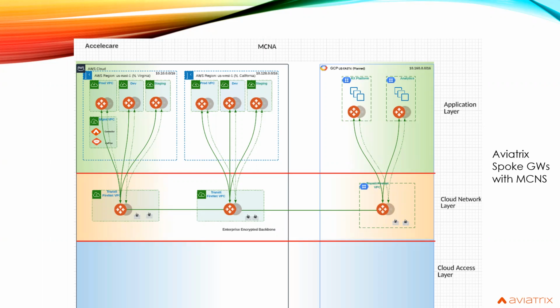So we can say that prod is allowed to talk to staging, but in that particular grouping, we're not including dev. Because of that policy, the controller puts that into each of the gateways, and prod cannot see or talk to dev at all. It can only talk to staging, and vice versa.